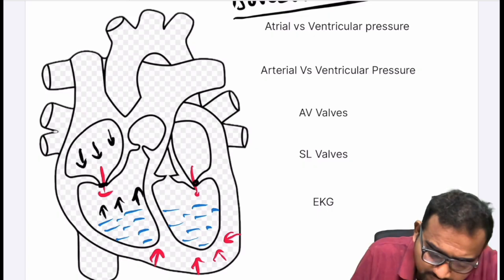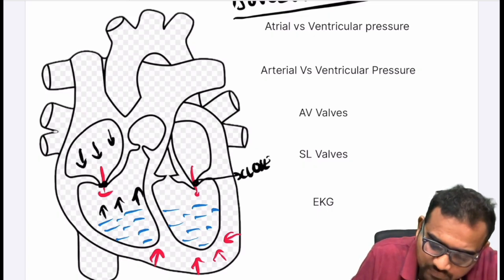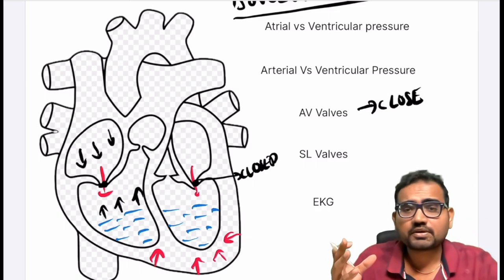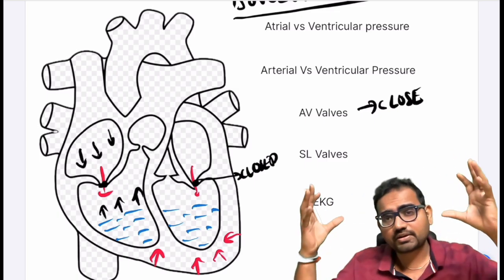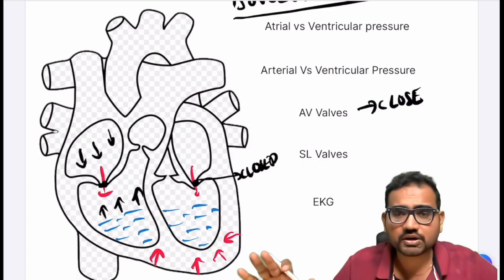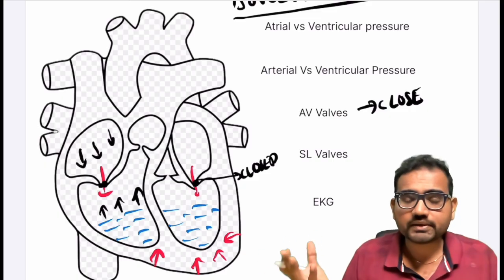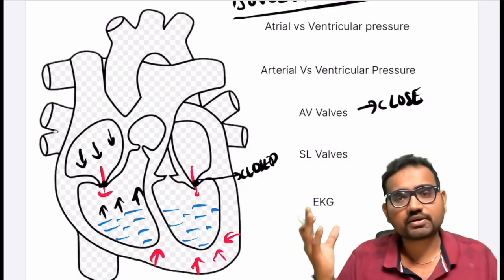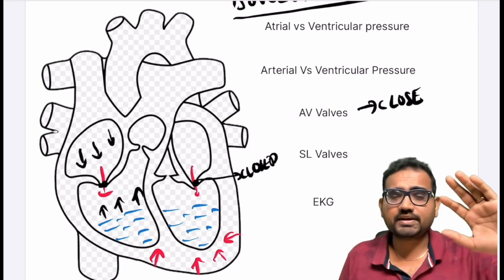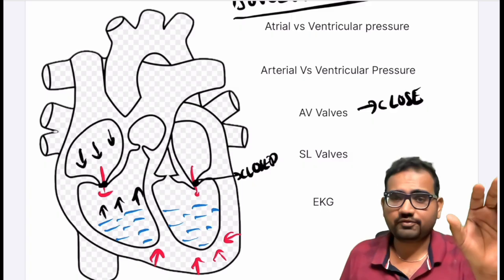The AV valves are going to get closed. The blood in the left ventricle and the right ventricle builds up more pressure that shuts down the valves. The pressure is starting to build in the left and the right ventricles, so the tricuspid and the bicuspid valves shut.